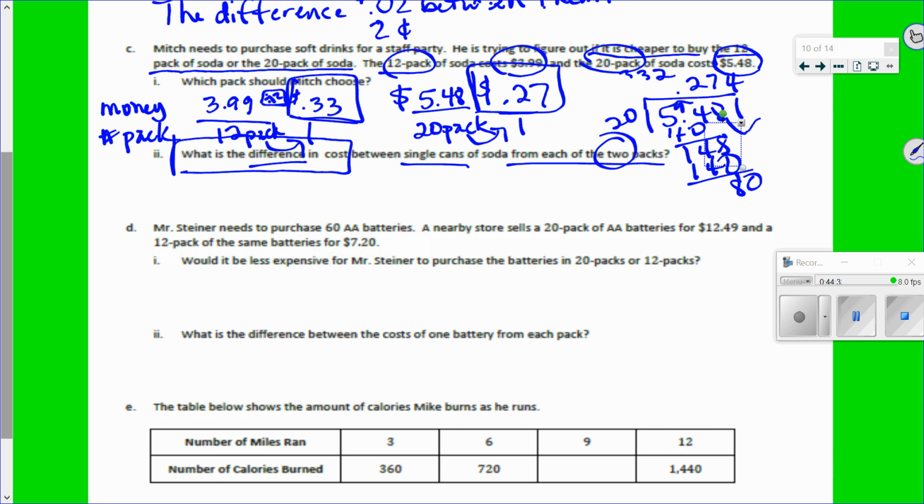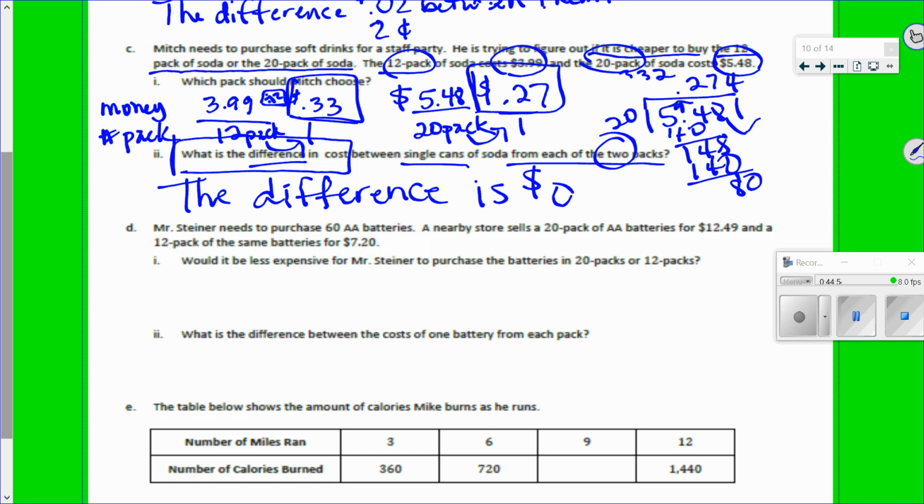It's how much? 27 to 33 is, oh wait, Zach, we're finding the difference. How much was it? 6 cents. Good. The difference is 6 cents.